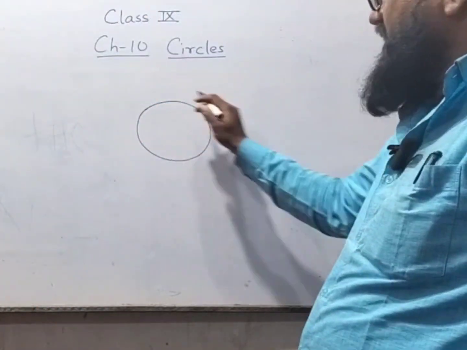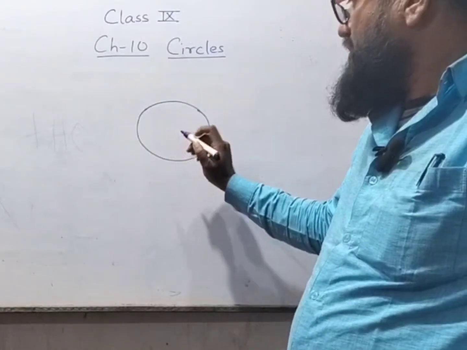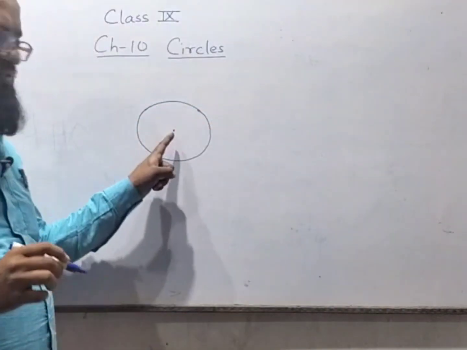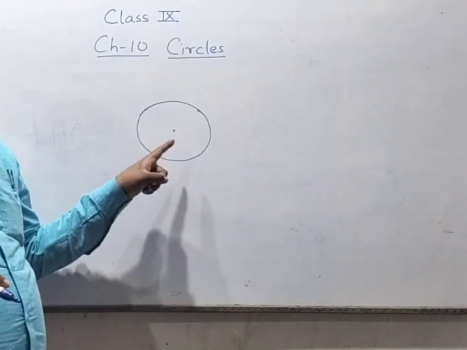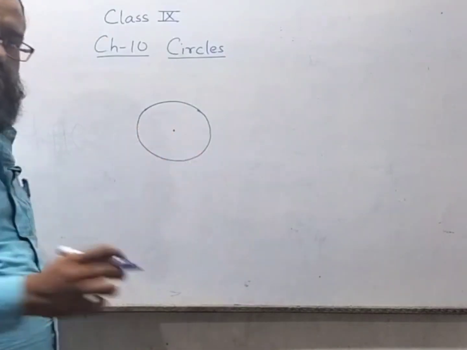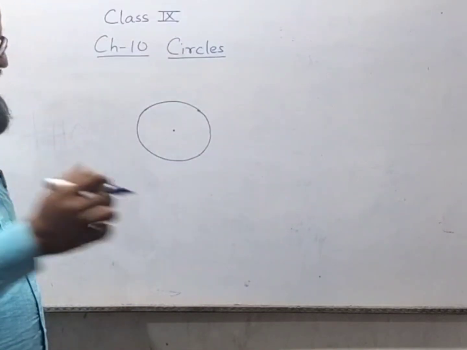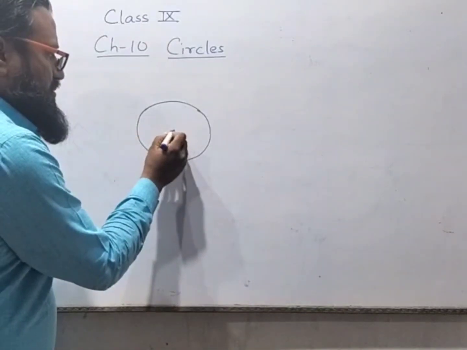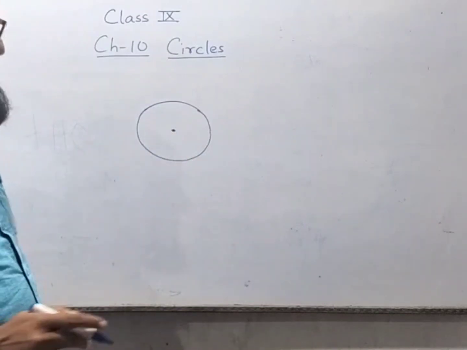I am drawing it by hand only, so it's not so much round, but assume it that it is a circle. And the point just in the middle of this, where we put the compass. In order to draw a circle, we put a compass on paper. This point is called the center of the circle.